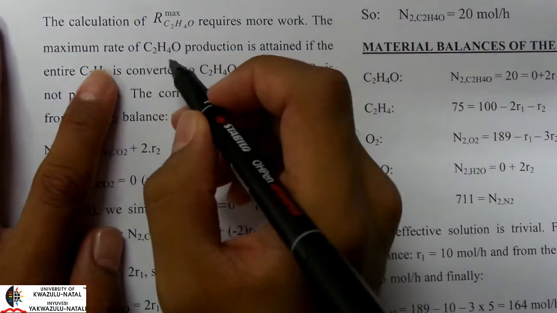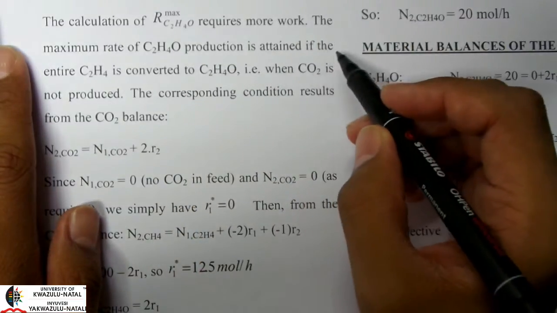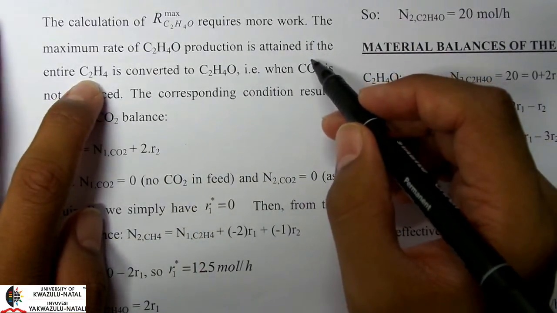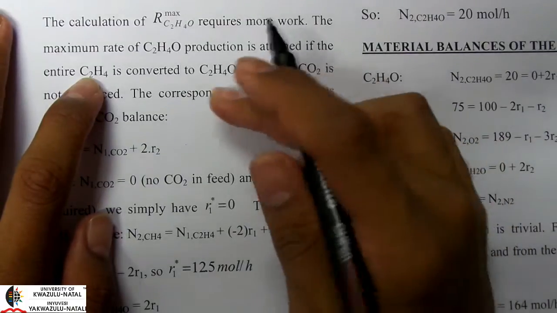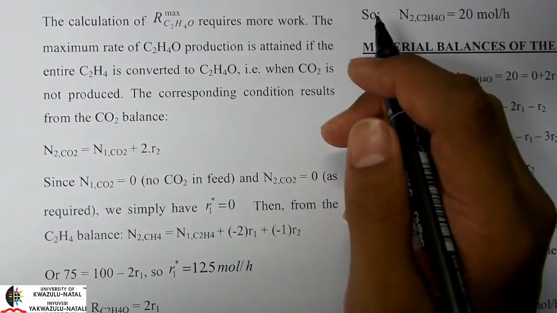And we reason it in this way: the maximum rate of oxide production is attained if all of the ethylene is converted to the ethylene oxide. In other words, when CO2 is not produced.